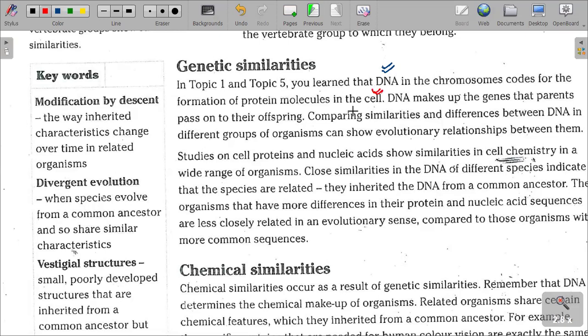Obviously, we said that the DNA affects the structure and functioning of an organism. DNA makes up the genes that parents pass on to their offspring. I'm sure this makes very good sense.